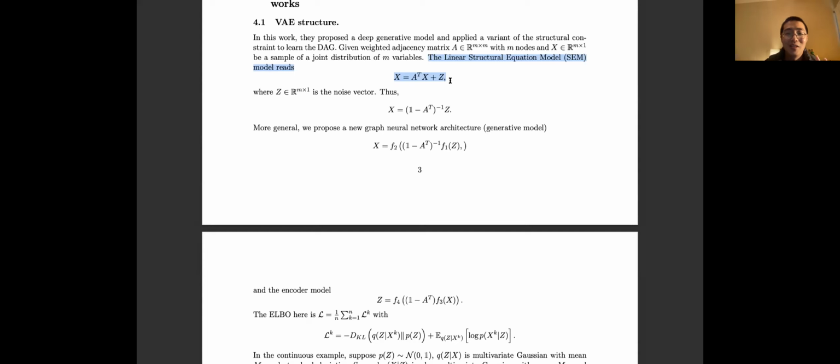For example, X2 will only depend on X1, and Xn will depend on X1 to Xn minus 1. If we know the order, then this will be a DAG, which shows the causal relationship.